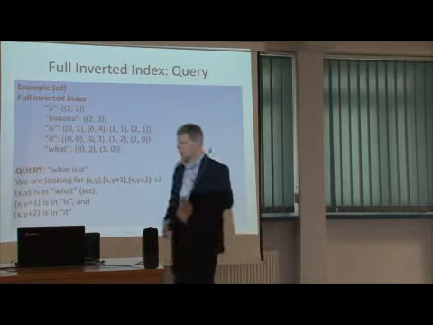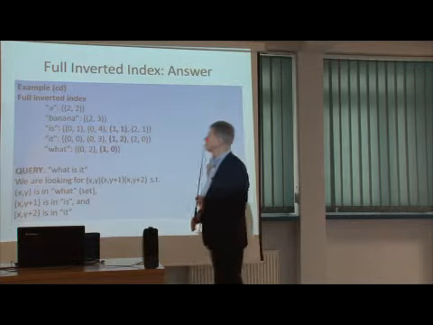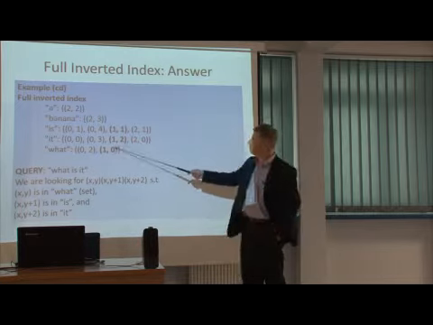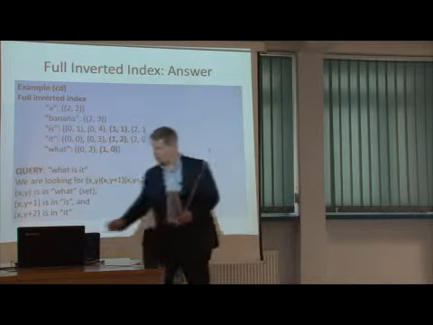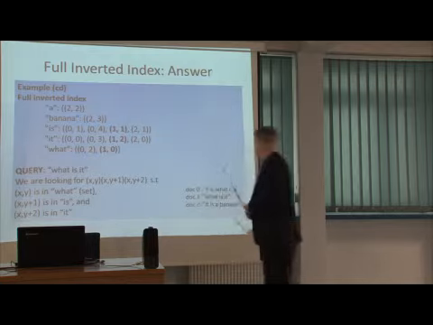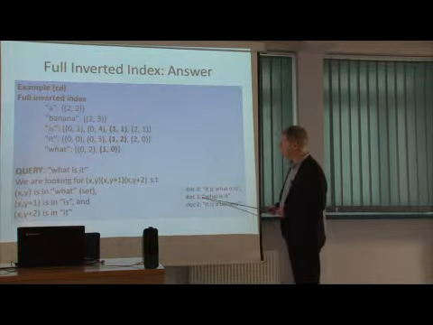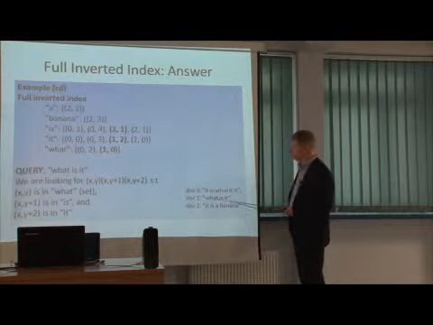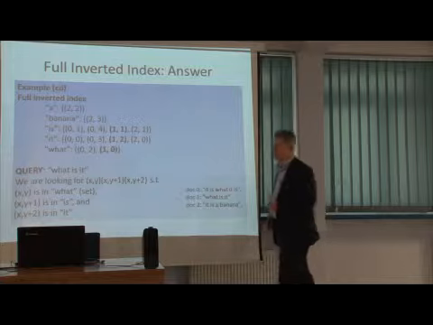So this is how the phrasal query operator would work. The answer is in bold here. And if we look at our original documents, indeed document number 2 is what is it, and it corresponds exactly to the query.